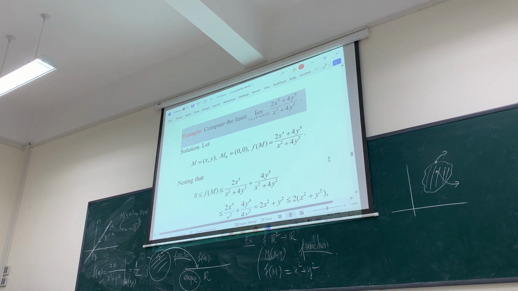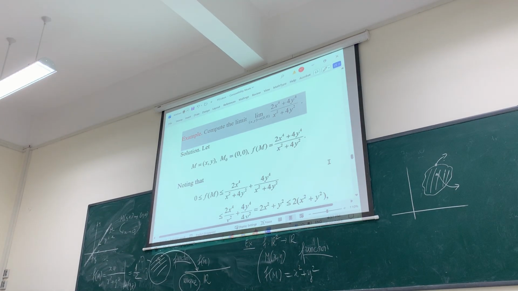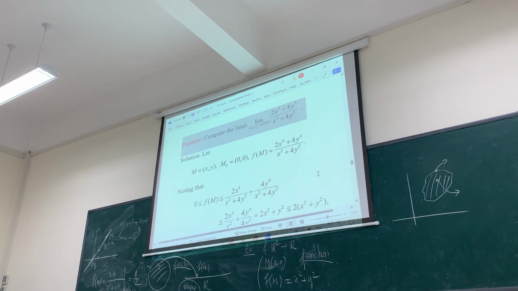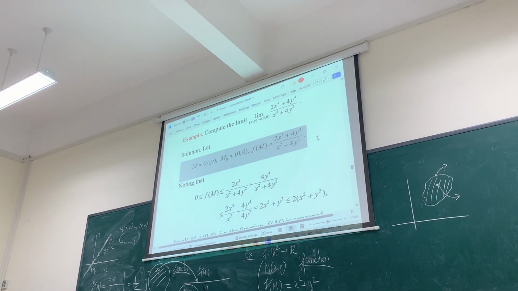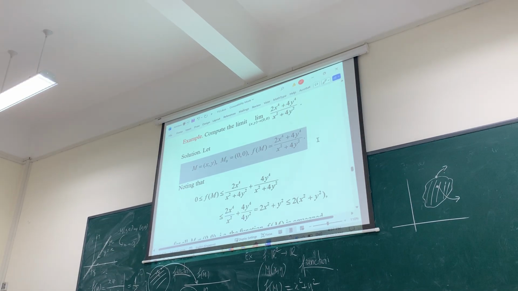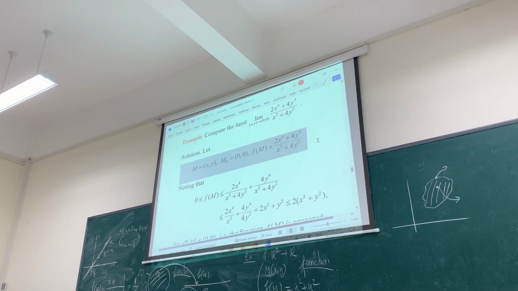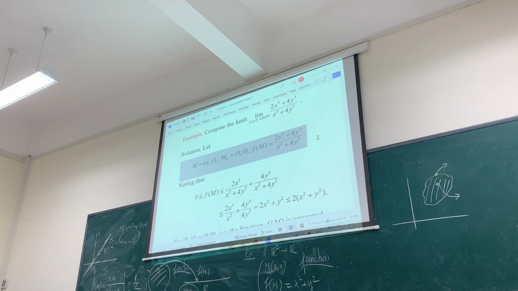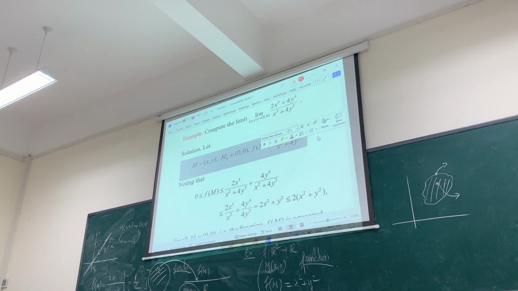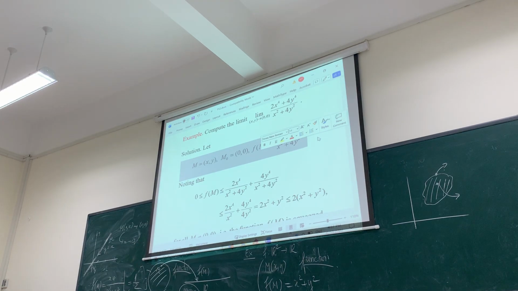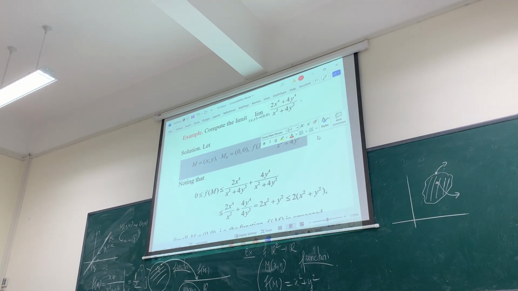We use the squeeze theorem. For simplicity, we can denote M and M0. If we want to use the squeeze theorem, I think you need to know the function f. Does that mean you need to evaluate f?